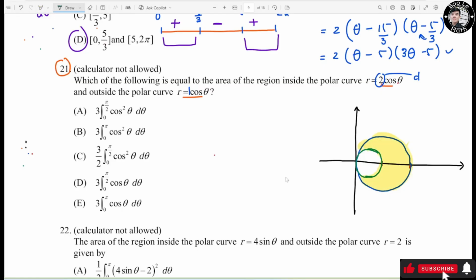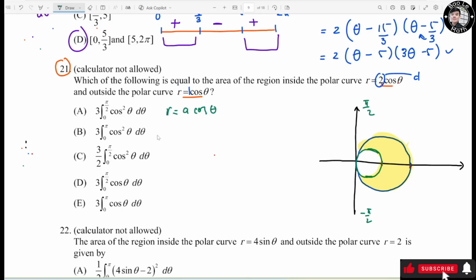And you know that the circle of the form r equals a cosine theta is fully traced as theta goes from negative pi over 2 to pi over 2.